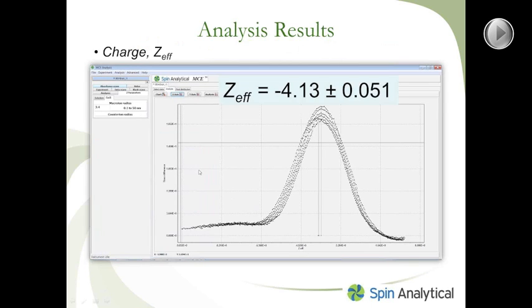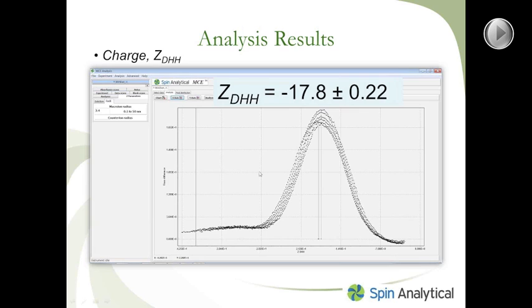If we make the conversion now of the electrophoretic mobility to the effective charge on albumin under these conditions, it is minus 4.1 plus or minus 0.05. We can also change that x-axis now into the Debye-Huckel-Henry, and the charge that we calculate for albumin under these conditions is about minus 17, between minus 17 and minus 18.